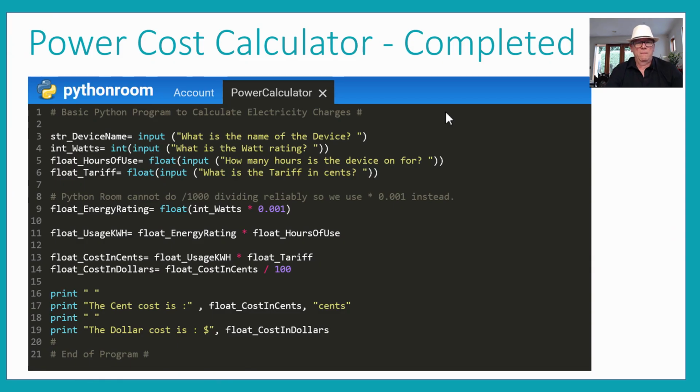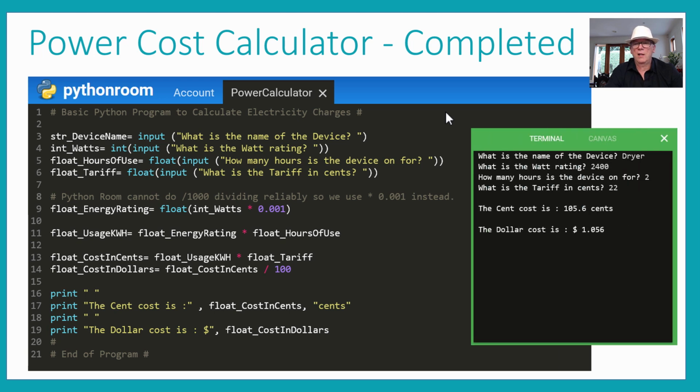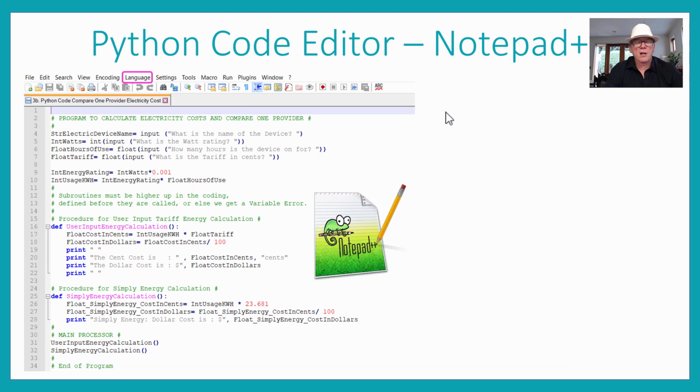All right, so that is the completed code, which we just looked at for the power cost calculator. And when we run that for various things, it works fine and tells us the dollar cost of running that appliance. Okay, so now there's a Python code editor, Notepad++.